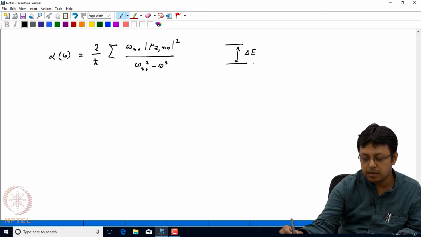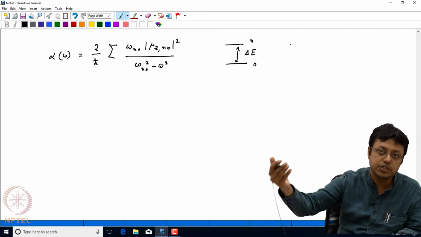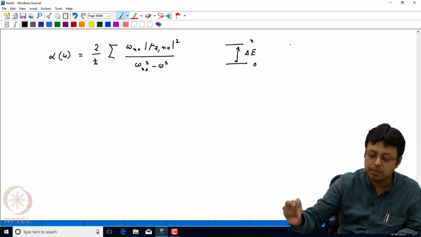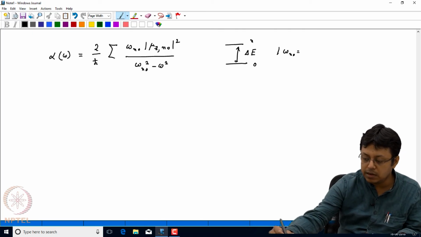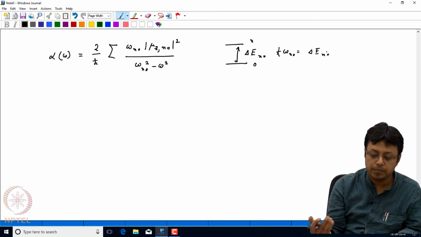If this is delta E between say 0 and n, if we think about some transition, as we said, any spectroscopic transition can be connected to creating an induced dipole moment. So, h bar omega n 0 is nothing but delta E n 0. We also drew some picture for understanding when we talked about the origin of the name, why we call alpha prime the polarizability volume.